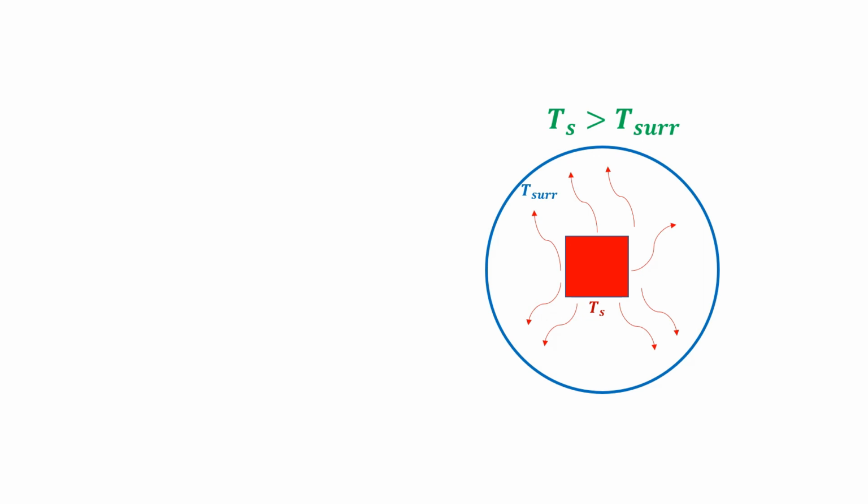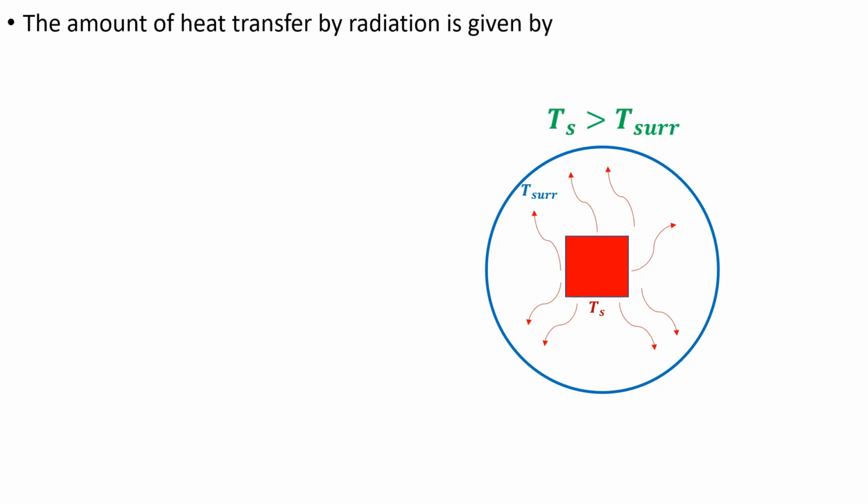The amount of radiative heat transfer is given by Q equals epsilon A sigma times T_s to the power 4 minus T_surrounding to the power 4. Here epsilon is the emissivity, A is the area perpendicular to the heat transfer, sigma is the Stefan-Boltzmann constant, and its value is fixed, which is 5.67 times 10 to the power minus 8 watt per meter square Kelvin to the power 4.